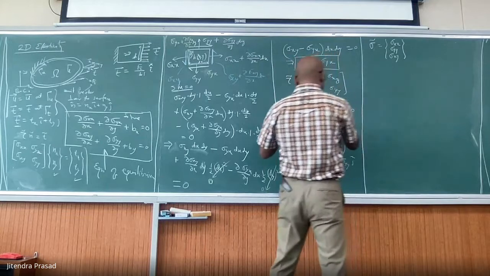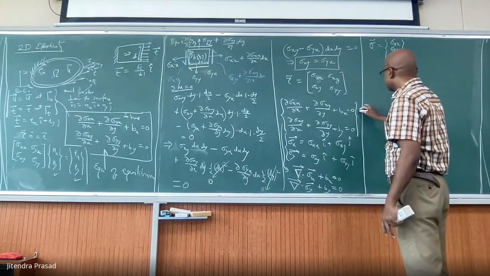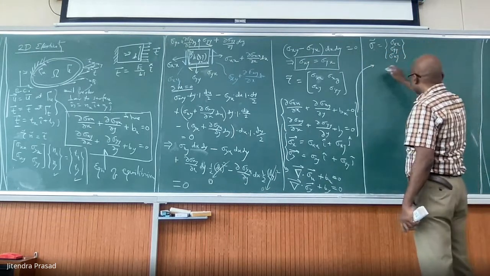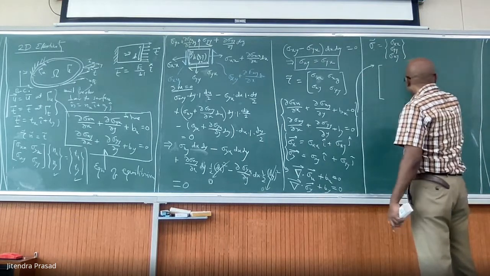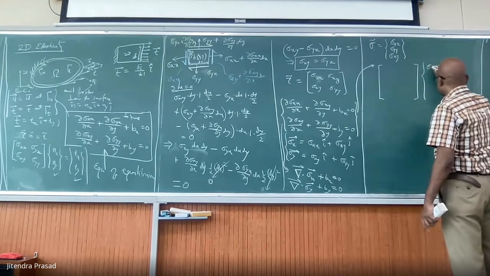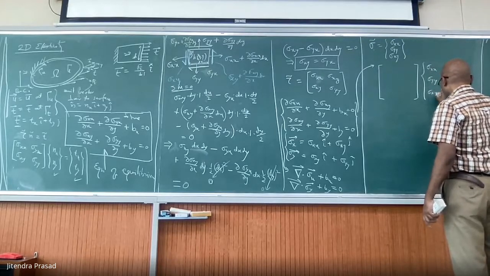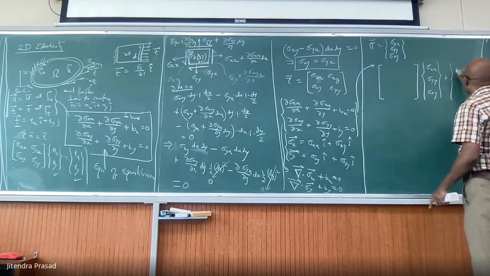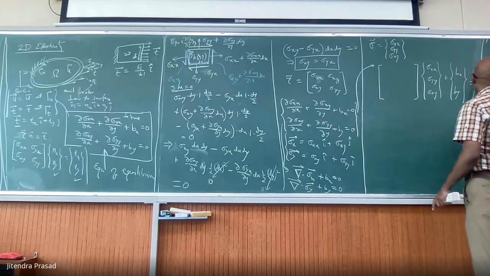So the same equation, we write it as: here there is a matrix, then we have sigma xx, sigma yy, sigma xy, and then you have bx, by, and this is equal to 0, 0.